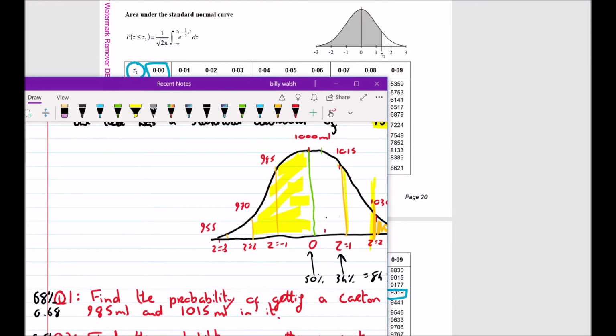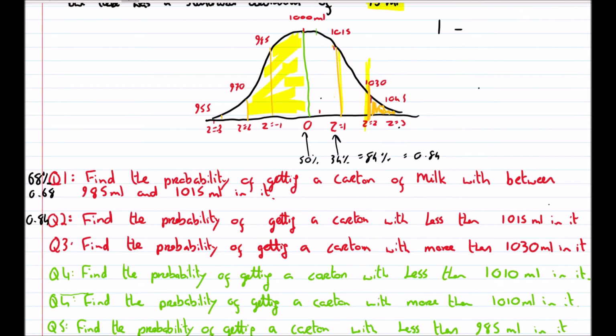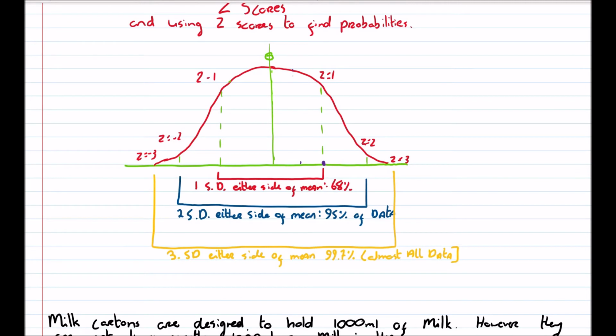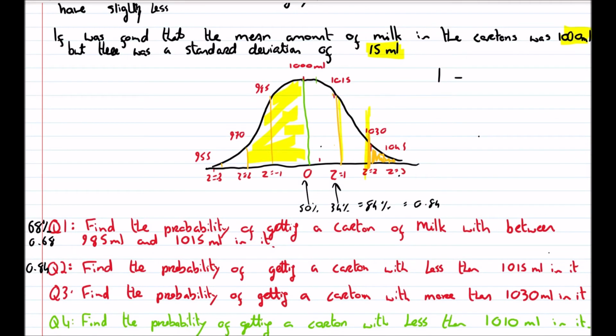Let's have a look up here. Look at that. 2 standard deviations, 95% of the mean. So that was 95% either side here. But remember I said from here to here would be another, what was it? 47.5. So this is 50%.